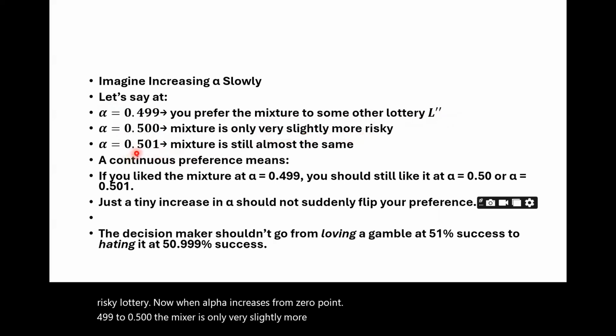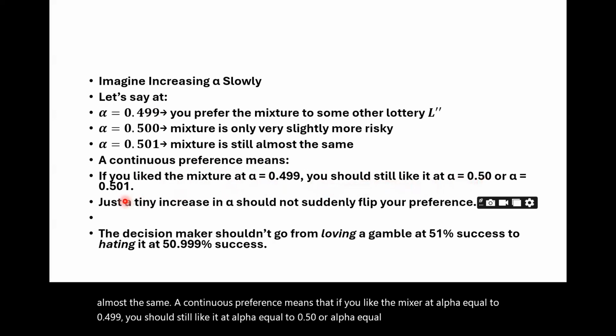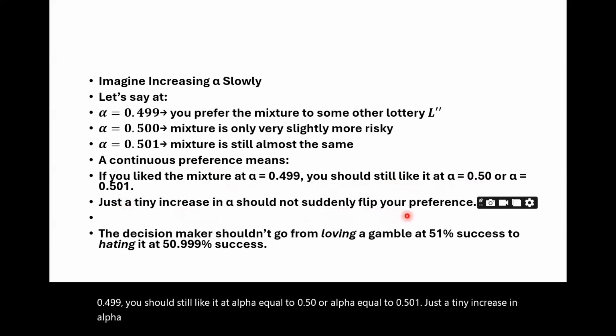At alpha equal to 0.501, the mixture is still almost the same. A continuous preference means that if you like the mixture at alpha equal to 0.499, you should still like it at 0.50 or 0.501. A tiny increase in alpha should not suddenly flip your preference.